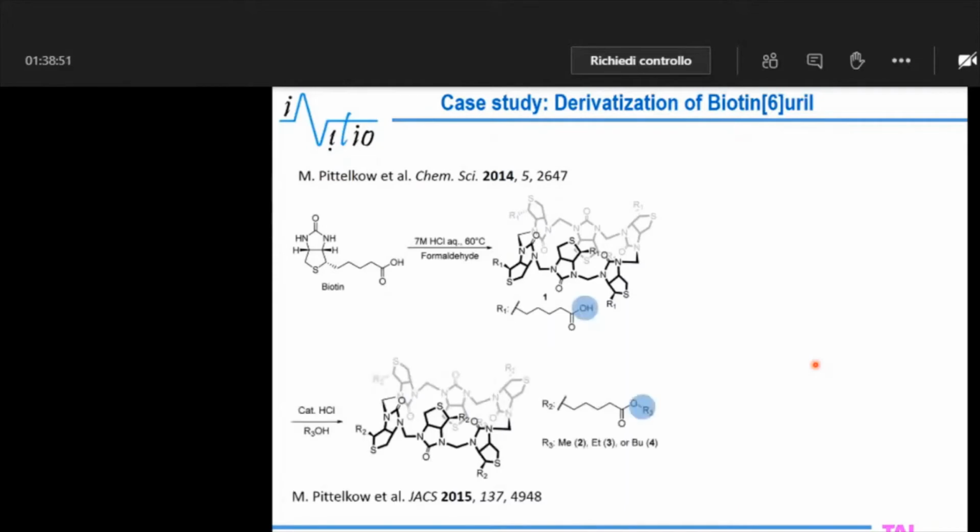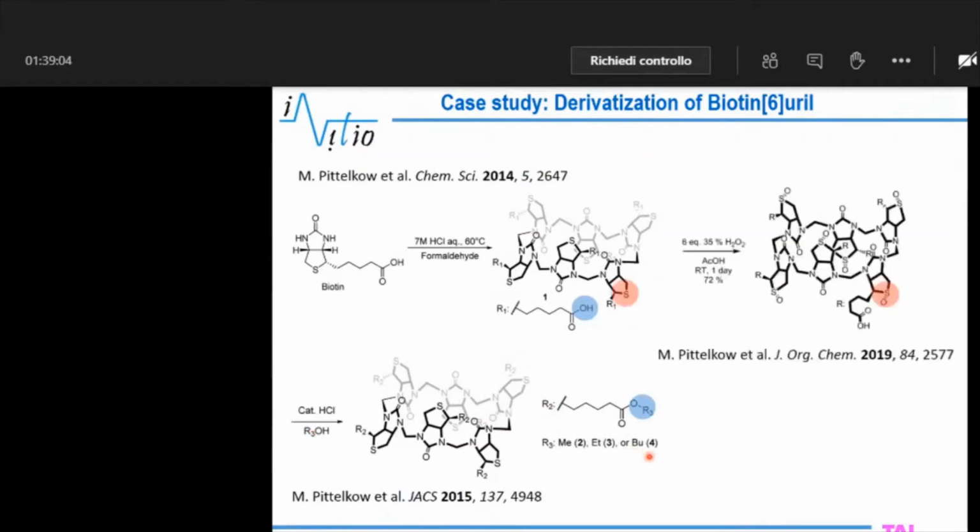For example, you can make esters by using alcohol in excess, like a solvent. You can make methyl, ethyl or, say, butyl esters, or you can oxidize it with hydrogen peroxide, also a pretty efficient reaction. So we can make sulfone.